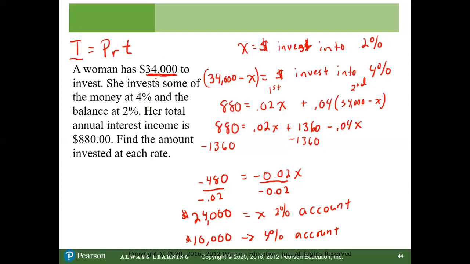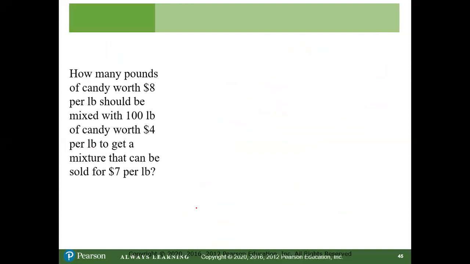The fact that we had some maximum amount of money that we had to invest was critical to being able to figure out how much money went into each account, especially since we knew the amount of total interest that she was able to earn for the year. Okay, so pretty cool stuff.